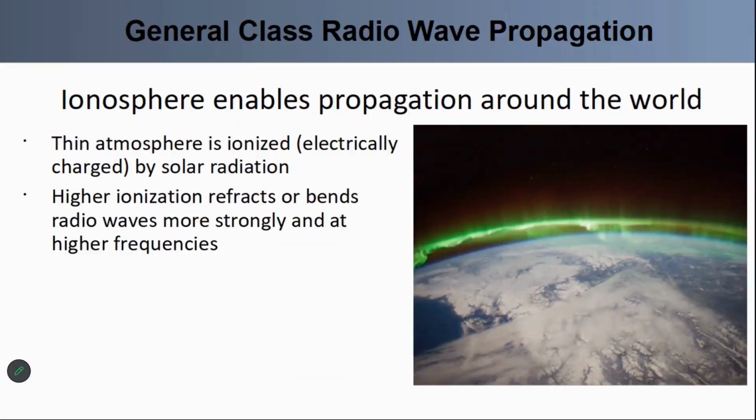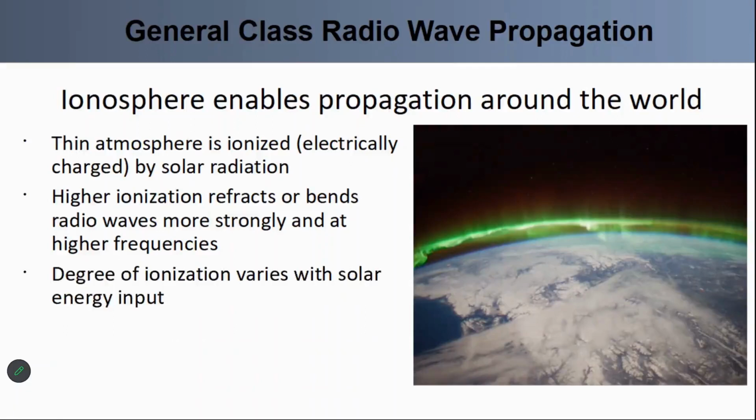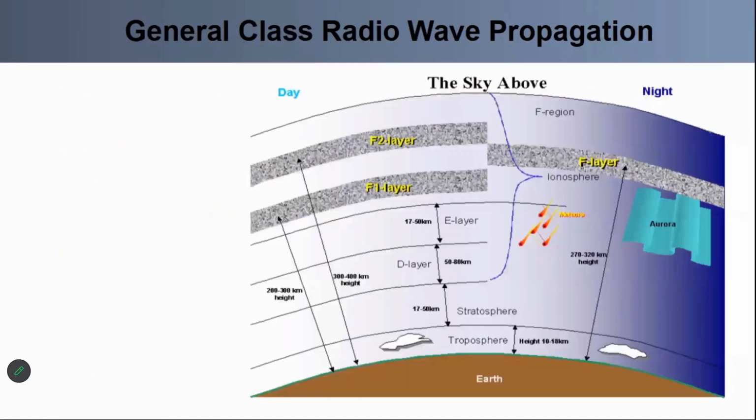The higher the ionization level is, it refracts or bends the radio waves more strongly at higher frequencies. So if you've got a lot of ionization, you can bend those higher frequency signals back to Earth. And as I mentioned, a lot of factors come into play, but it's driven by solar energy input. So here's a look at the layers.